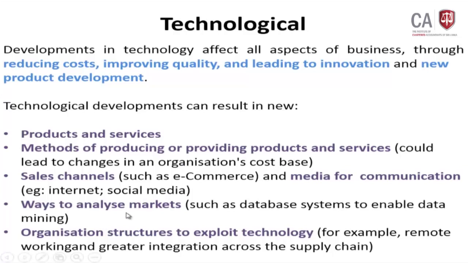Ways to analyse the market. Through data mining and big data, we analyze consumer behavior and the products that a certain region will buy, and based on the data we can decide what products have to be marketed in that region. Organization structures to exploit technology, for example, remote working, grant greater integration across the supply chain.